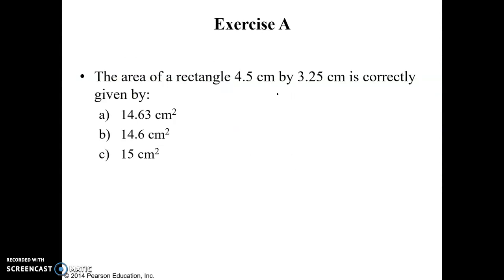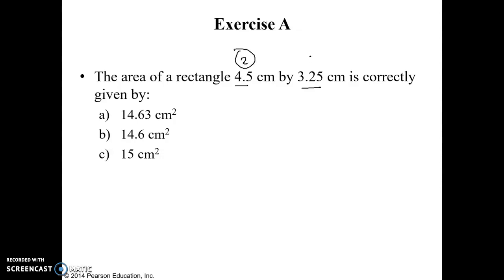So here we have an example. Again, we measured the height and width of a rectangle as 4.5 and 3.25. We want to multiply those two numbers together to get the area. Which of these answers is correct? Well, we have to look at the number of significant figures. We don't want to go based on what our calculator shows us, but we want to round to the proper number of significant figures.